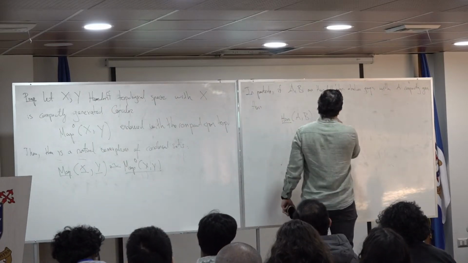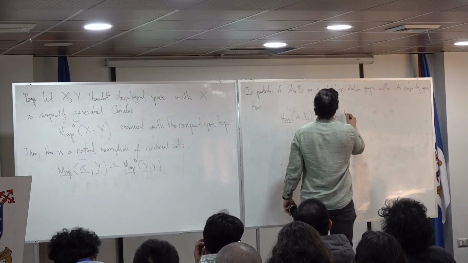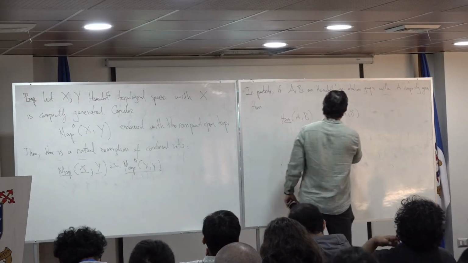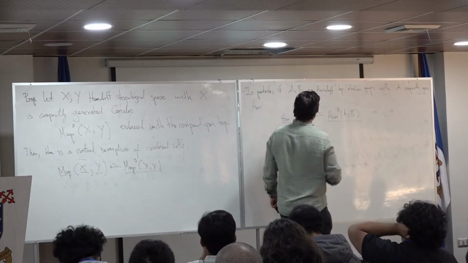And you can consider the continuous maps between A and B, also endowed with the compact open topology. And these two are equivalent.